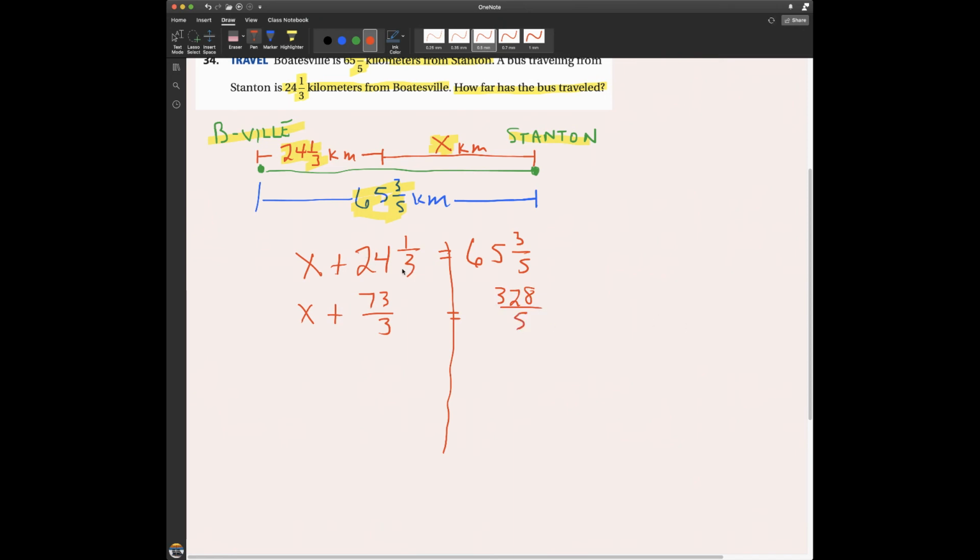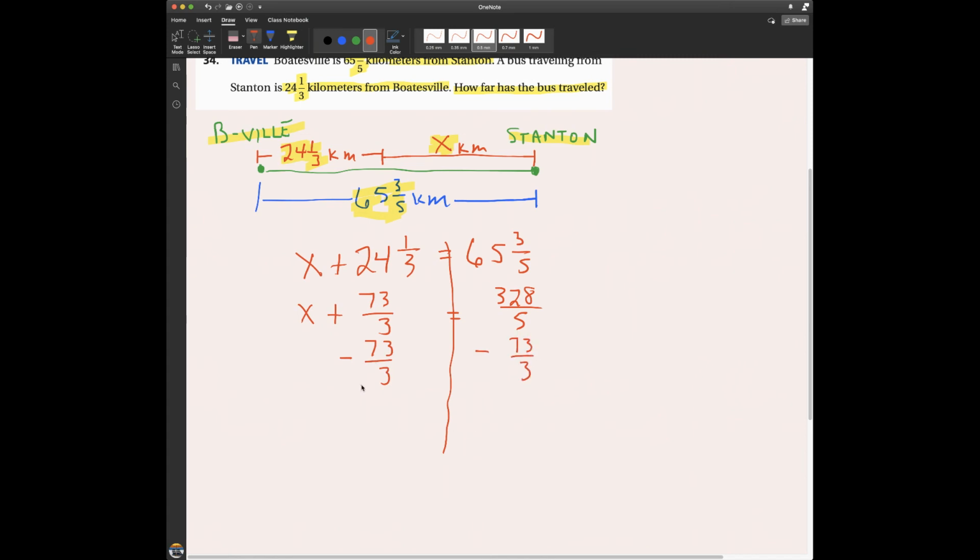So I just did that. You can check my work. 3 times 24 plus 1 should give you 73 over 3. And 65 times 5 plus 3 should be 328 over 5. Let's go ahead and subtract 73 over 3 from both sides.